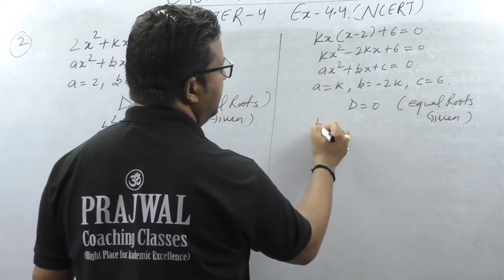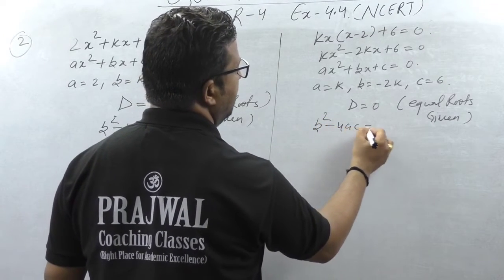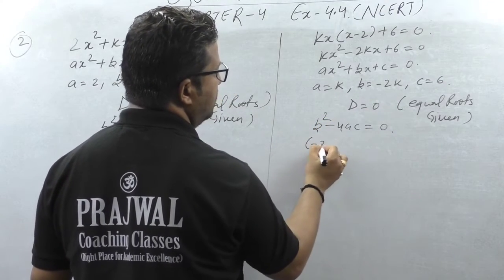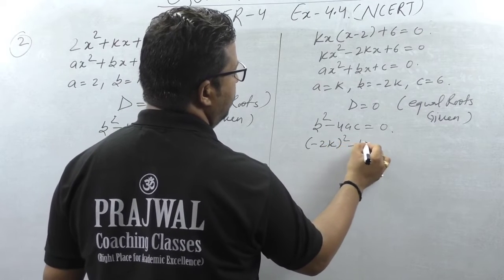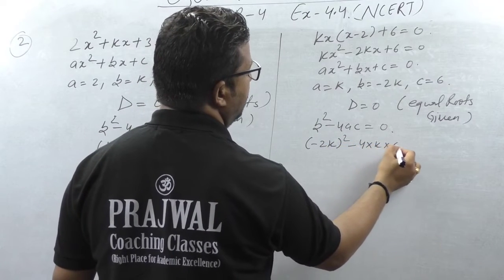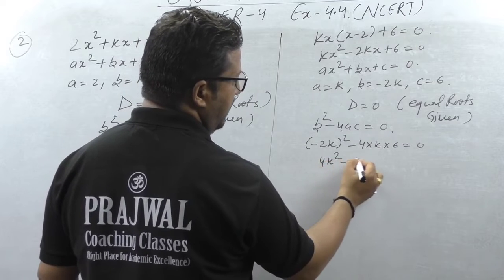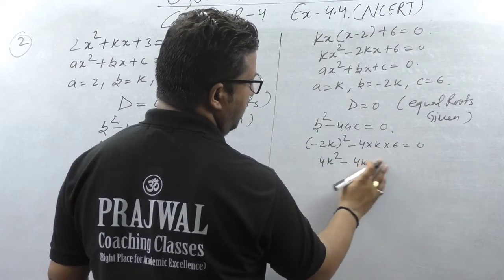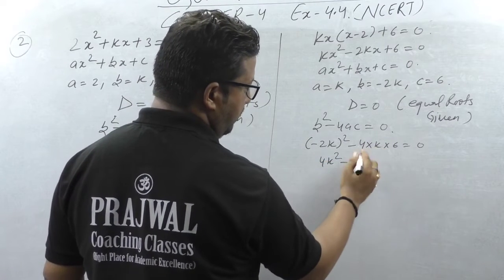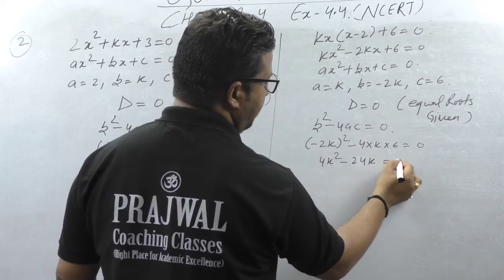So we can apply this condition, D equal to 0. So D value is b square minus 4ac equal to 0. B value is minus 2k whole square, minus 4 times a, which is k, and c is 6. So if you take the square, it will be 4k square, and 4 times k times 6 is 24k.